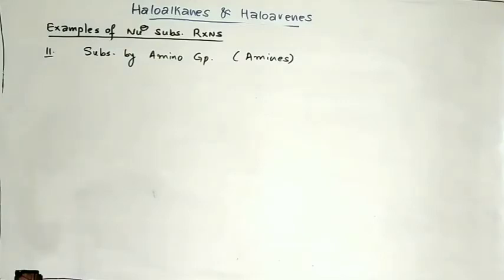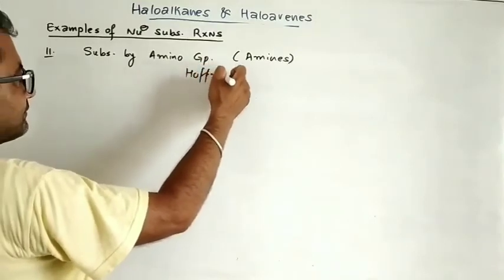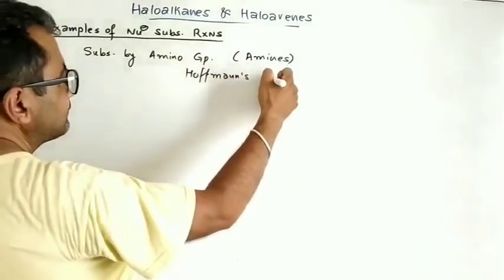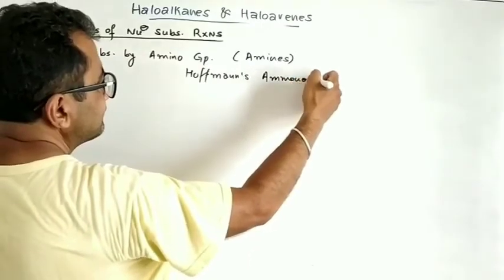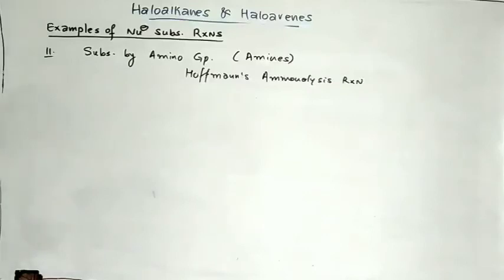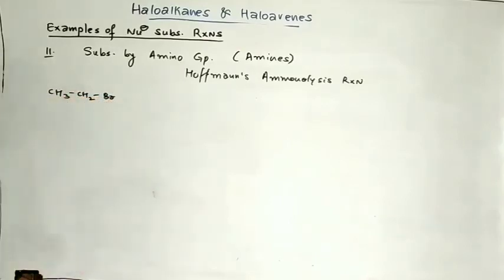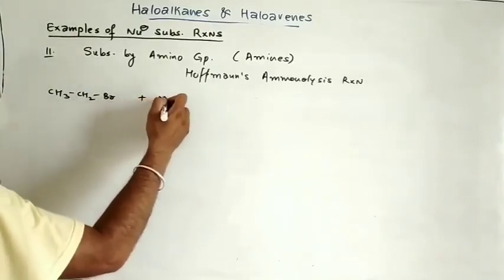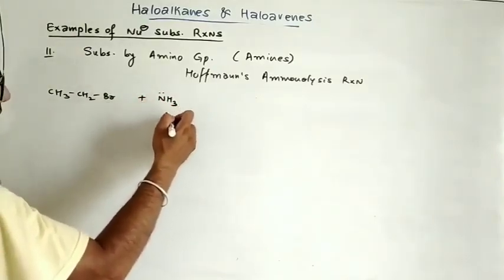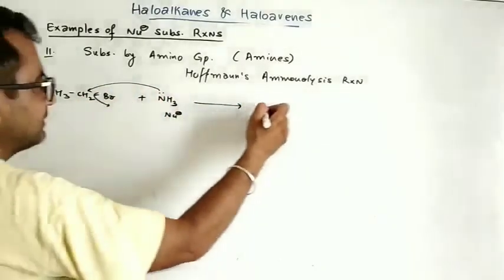This is called the Hofmann ammonolysis reaction. We start with ethyl bromide, treating it with ammonia. It is the nucleophile now. This attacks here, and HBr is removed.